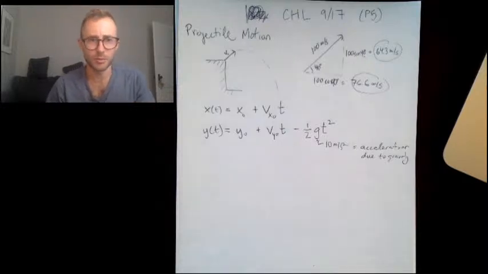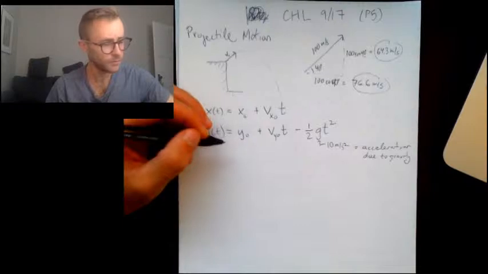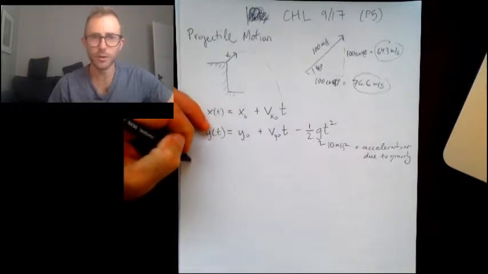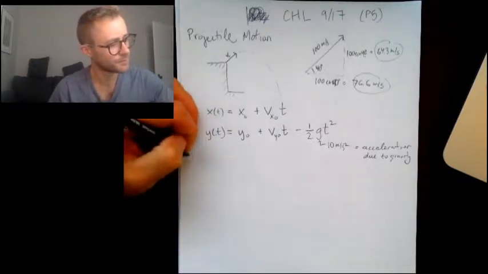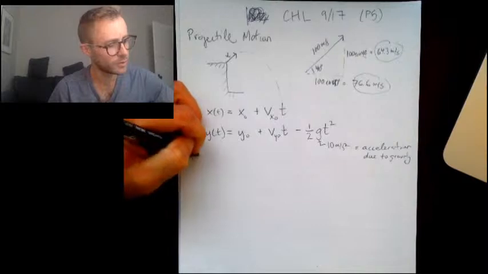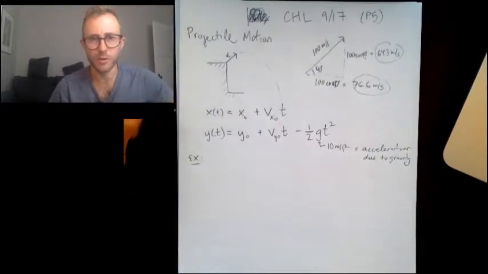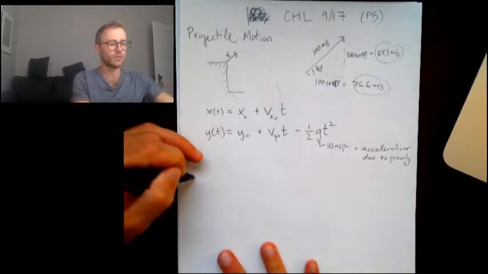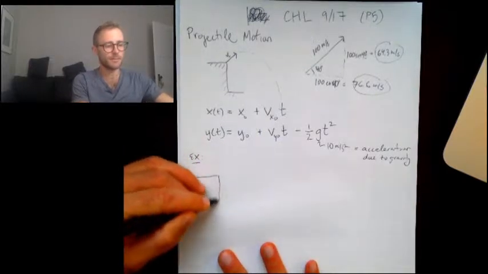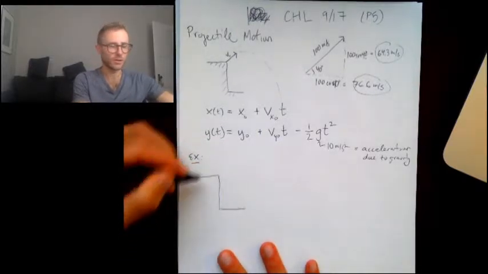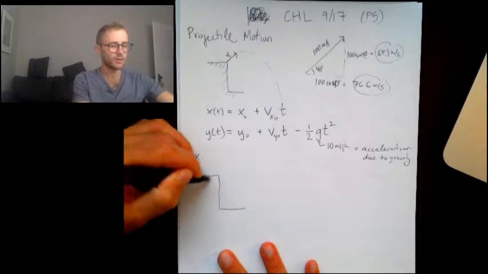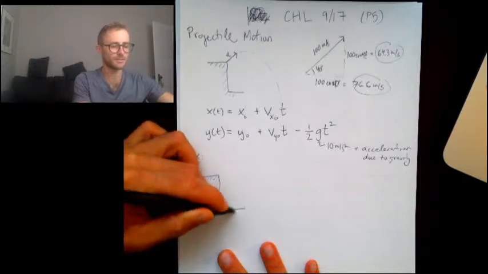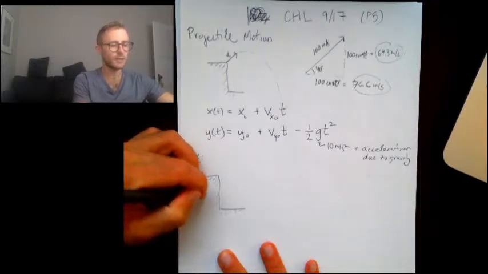The purpose of today is just to do some examples, and we're going to do some more advanced examples than we have before. Let's suppose we have a cliff, like so, and let's suppose that the cliff is 80 meters high.